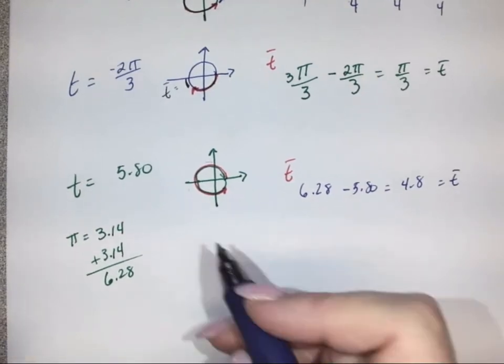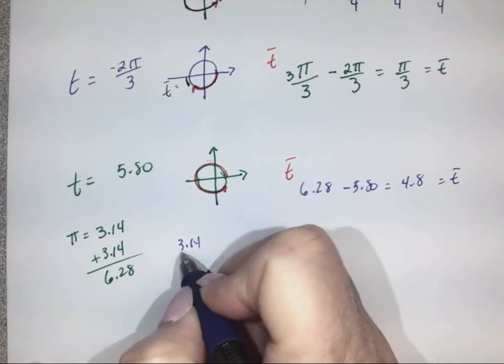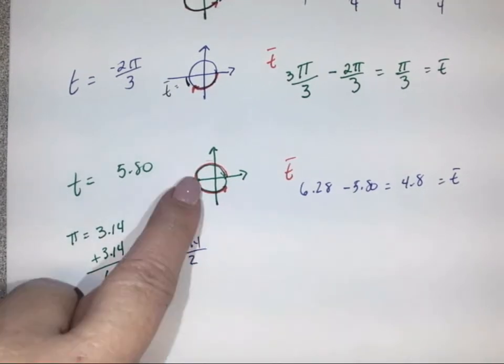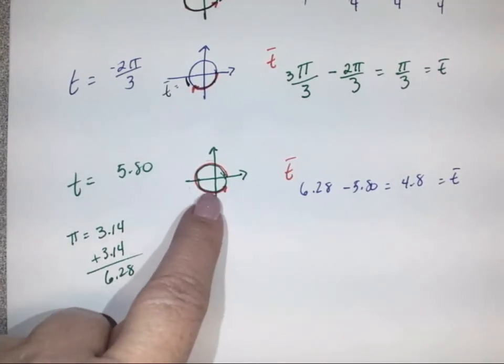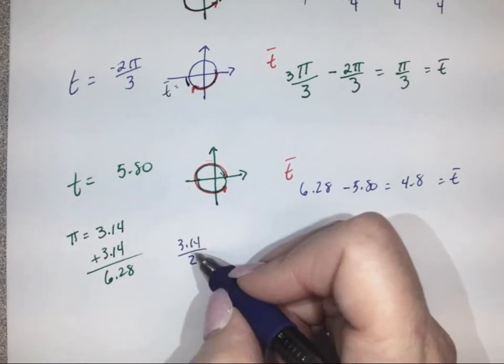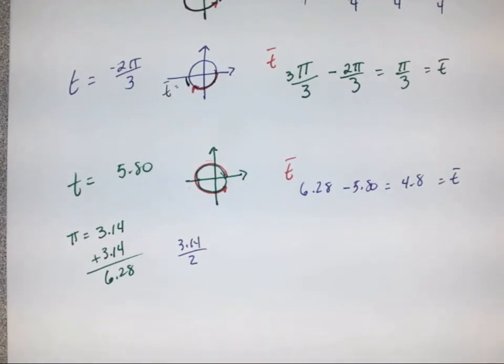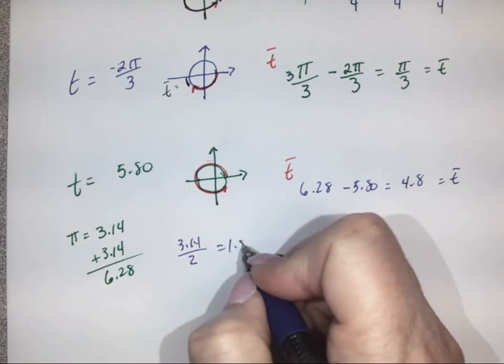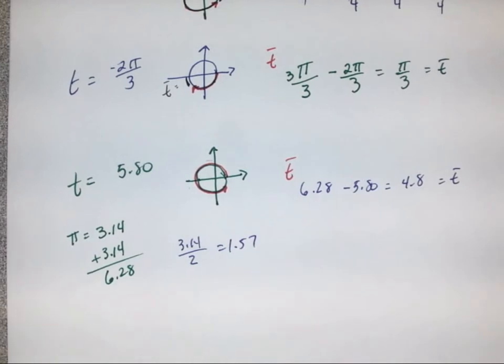And what I was saying is we took 3.14 and we divided by 2 to figure out where this value would be down here. Let me figure out what that is. I don't have that in my notes. I think it'll be like 1.67, something like that. So 3.14 divided by 2, 1.57. Yeah.